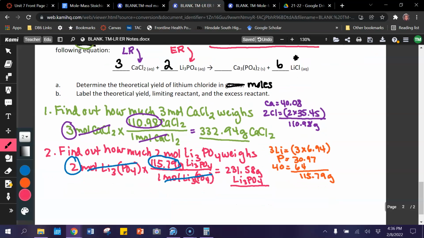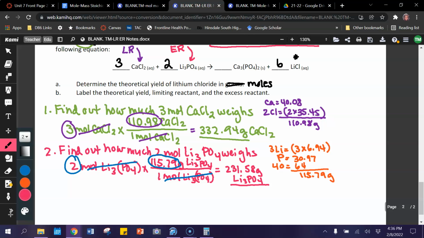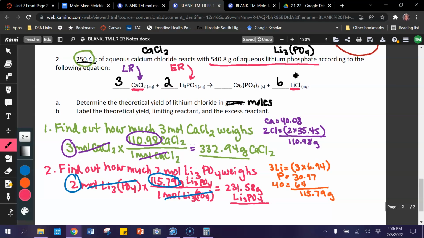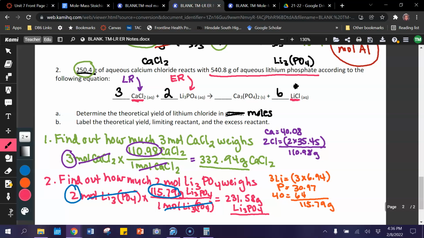Okay, so now what we have to do is find out, using my limiting reactant, how much lithium chloride I can actually produce. Just remember that when you're trying to find out how much you can actually produce, you need to use your limiting reactant.